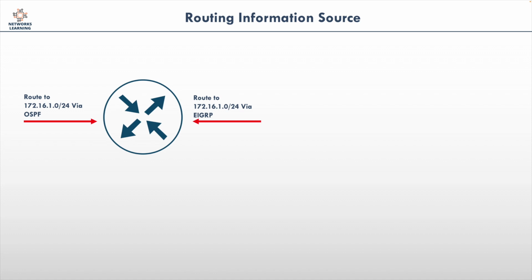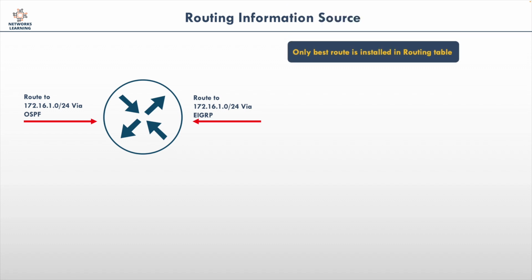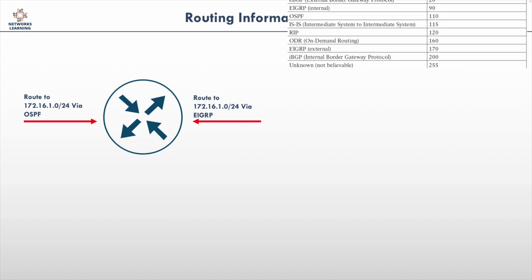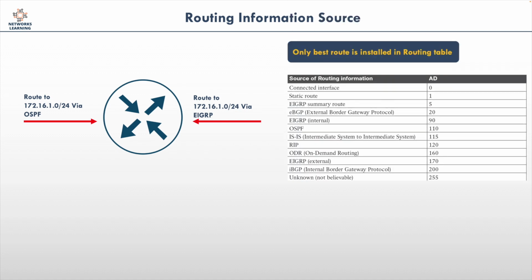So which one is the best and should be installed in the routing table? This process is straightforward. We already know that only the best route is installed in the routing table, but how does the router select which route or which source is the best? In this case, routers use the administrative distance, the AD. The lowest number is the preferred, the most trusted.